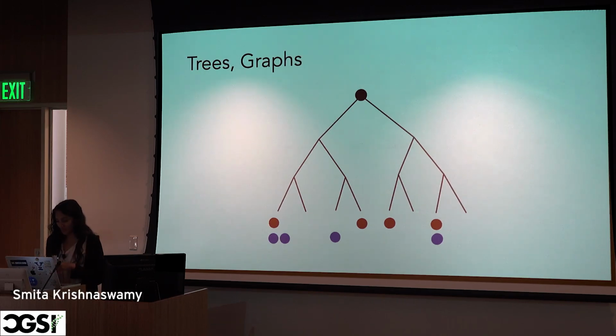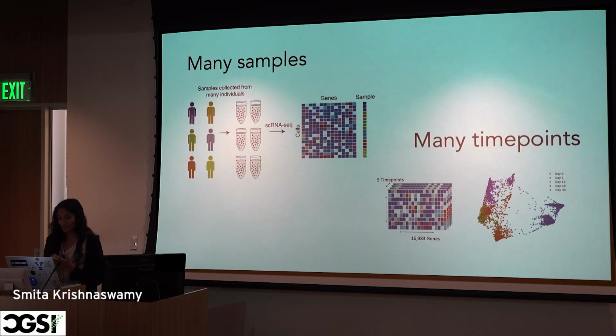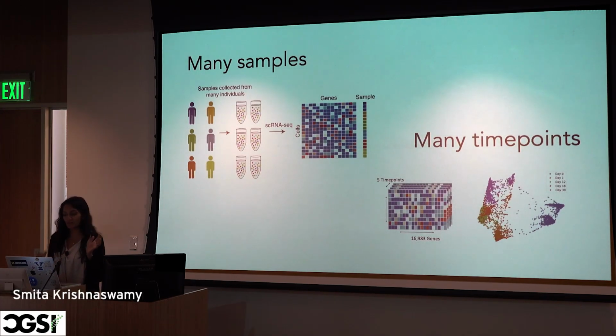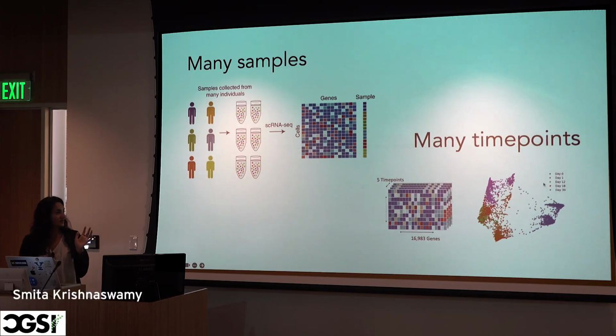The other kind of concept that I'm going to talk about is a general concept that's useful whenever you have many samples or many time points, and this is a real data set with many time points. It is the ability to reason about populations of cells rather than single cells. So when you think about individual data points, like this is a fate plot, and each dot here is a data point.